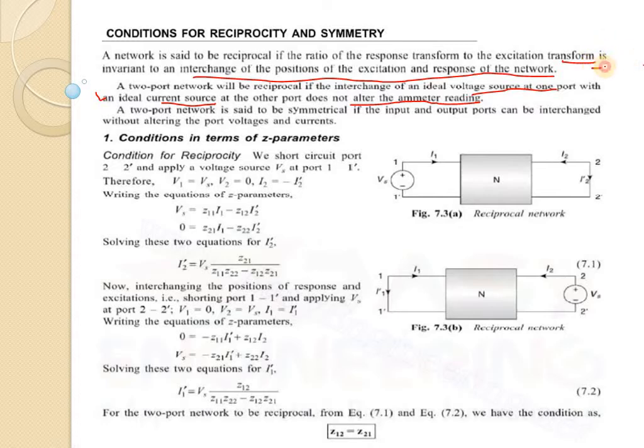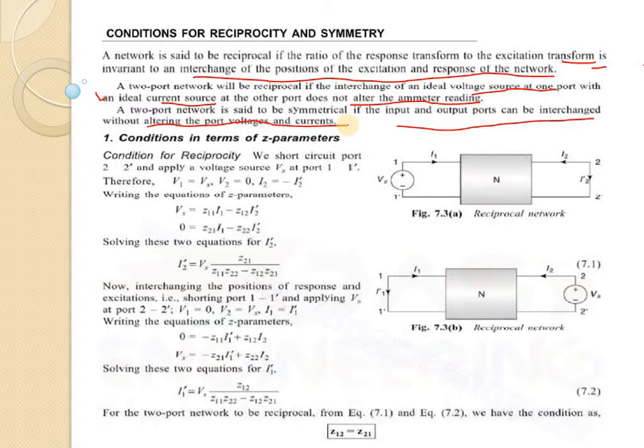It is called symmetrical if the input and output ports can be interchanged without altering the port voltage and current. If this condition persists, then we can say that the two-port network is symmetrical. So let us start with the condition in terms of Z parameters.